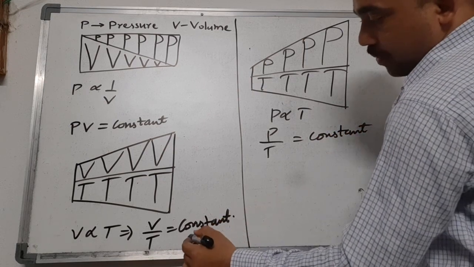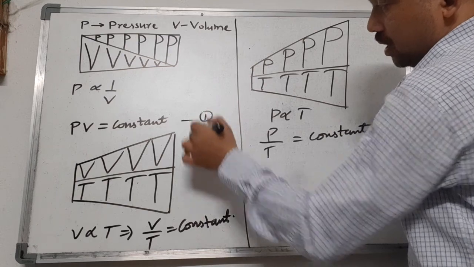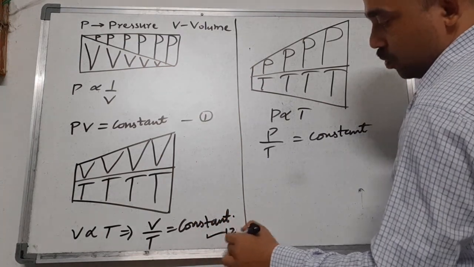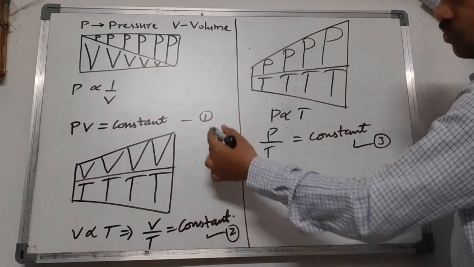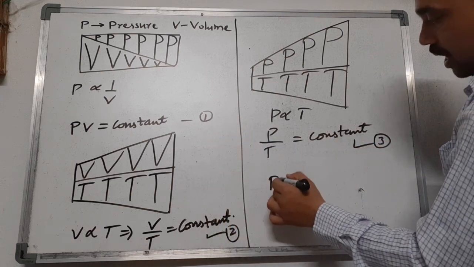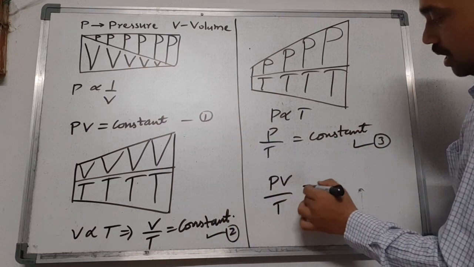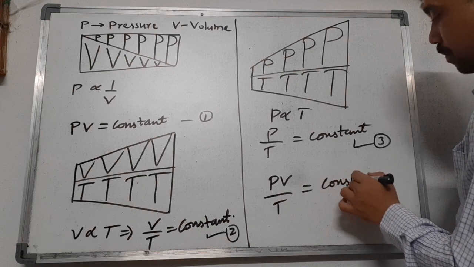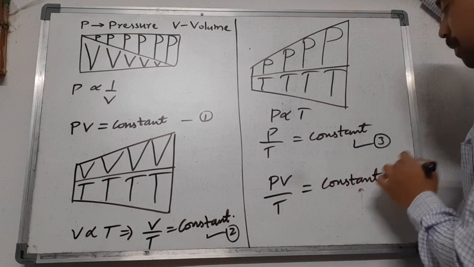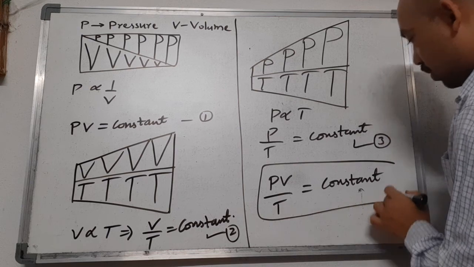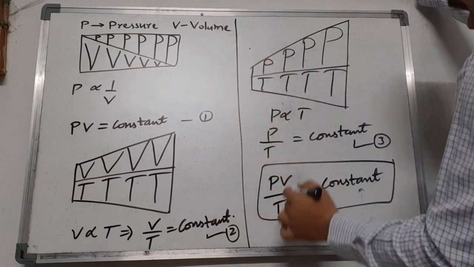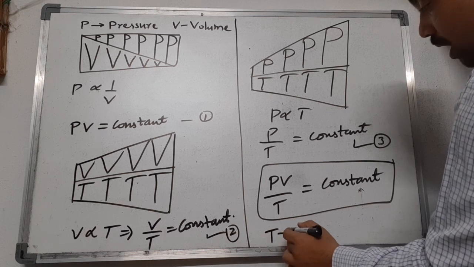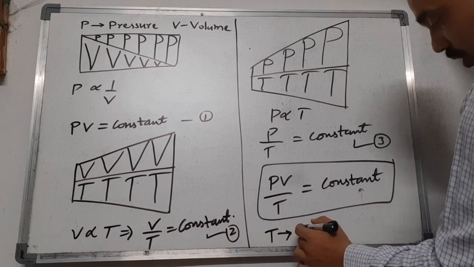So this is equation number 1, this is equation number 2, and this is equation number 3. Combining equations 1, 2 and 3, we get PV by T is equal to constant. Here P is the pressure, V is the volume, and T is the thermodynamical temperature.